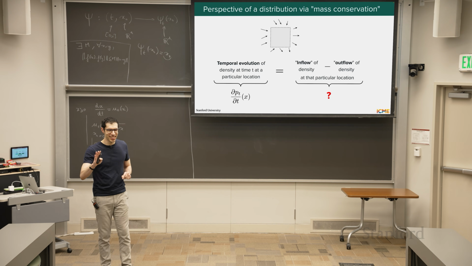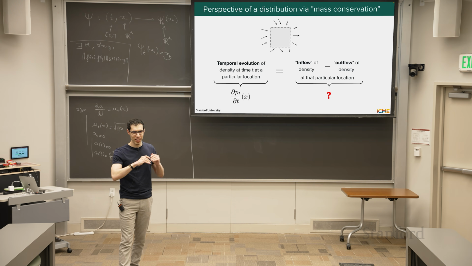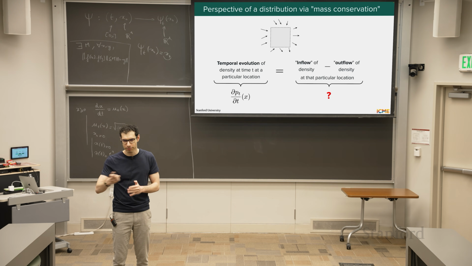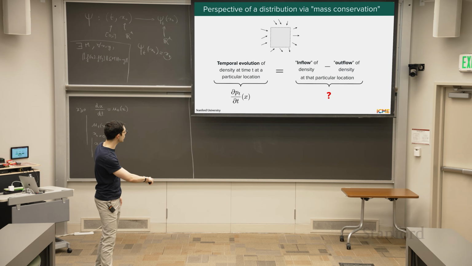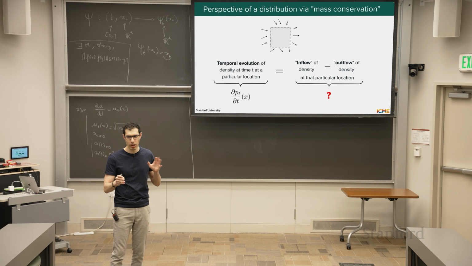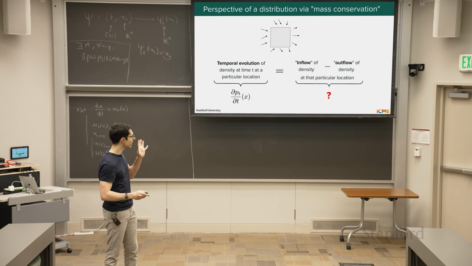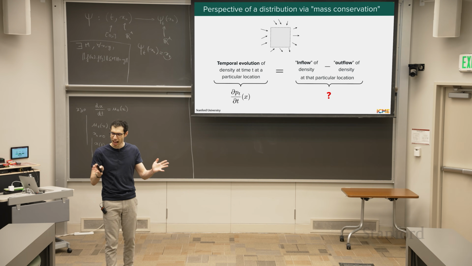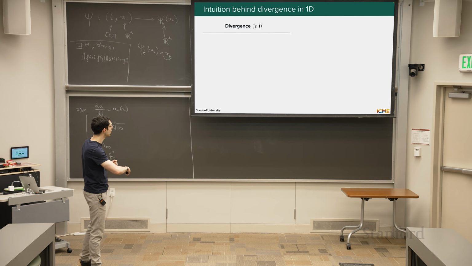Anyways, so instead of just giving you the formula, we're just going to intuitively get to it. In particular, I want us to think about this right-hand side of this equation and think for a bit how we want to quantify the inflow minus outflow bit.